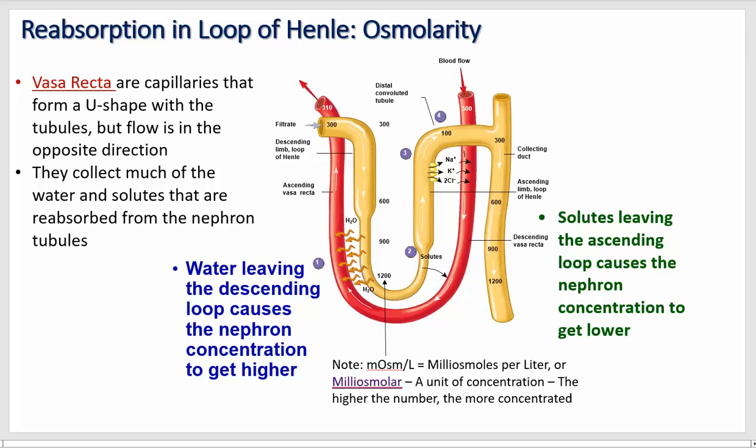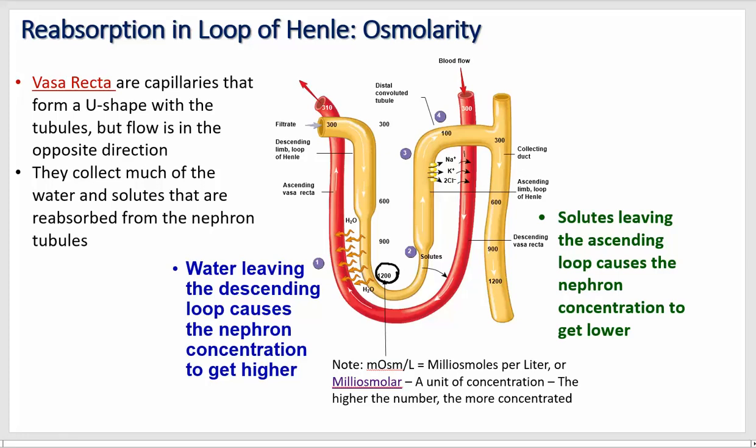So all of these things that were happening. Remember when we said at the descending limb of the loop of Henle that water was allowed to move out, and some smaller particles, but really not actively pumped out. So this is mainly just water moving out. And we said that the concentration down here was very high, so 1200.